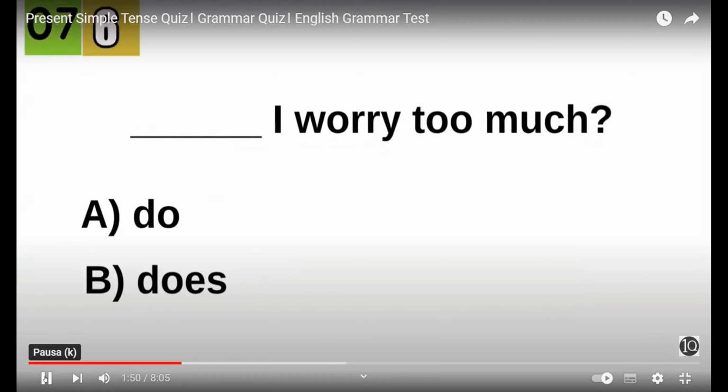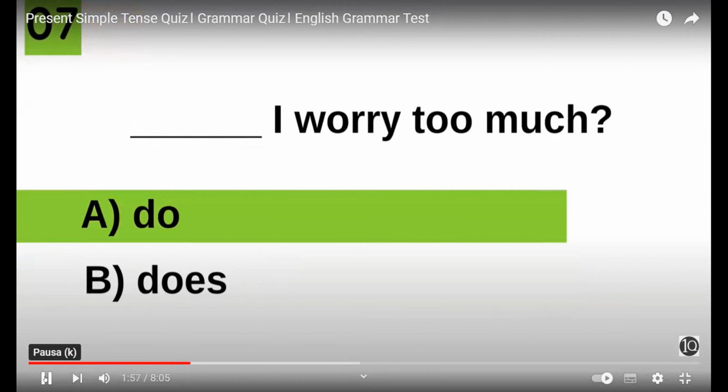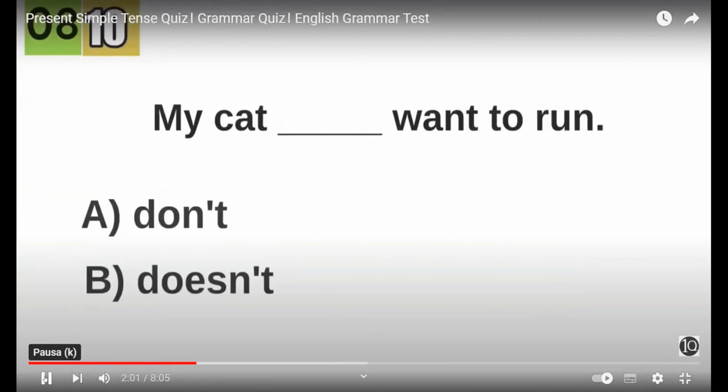Do I worry too much? Yes, very good. My cat don't want to run. Doesn't. Very good.